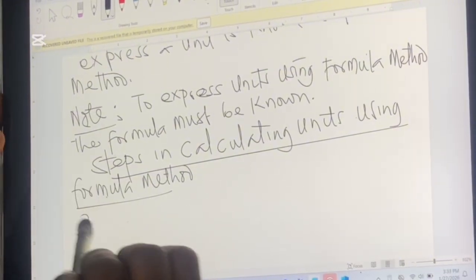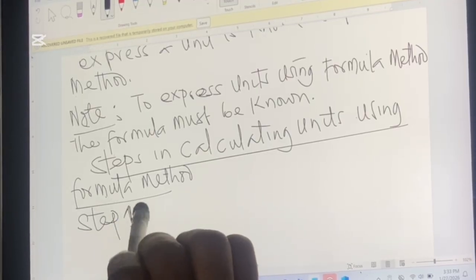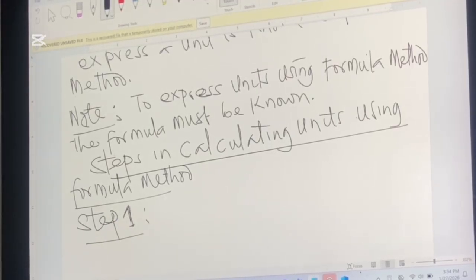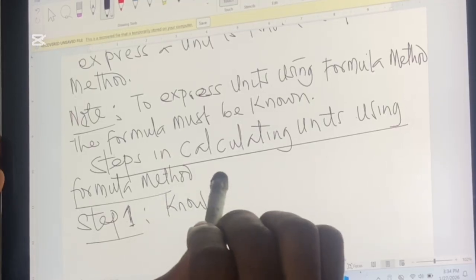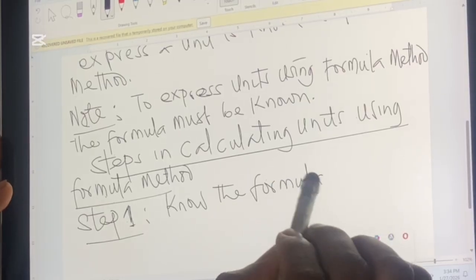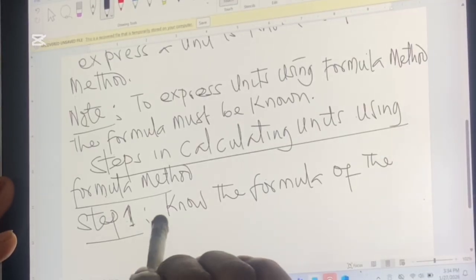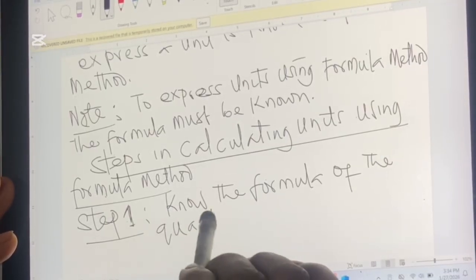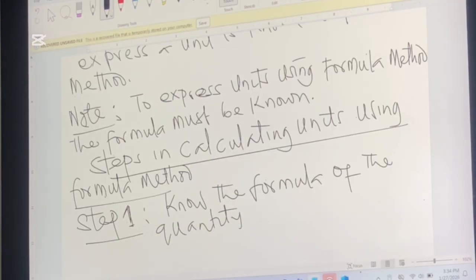Okay, the first step here, that is step one. Know the formula of the quantity. That is, write down the formula of the quantity. Okay, you first of all write down the formula of the quantity.